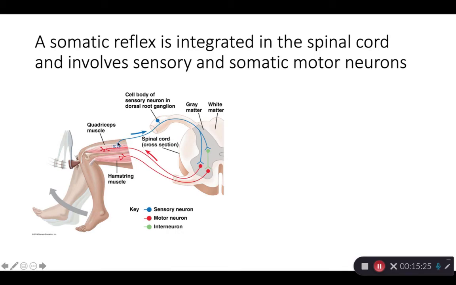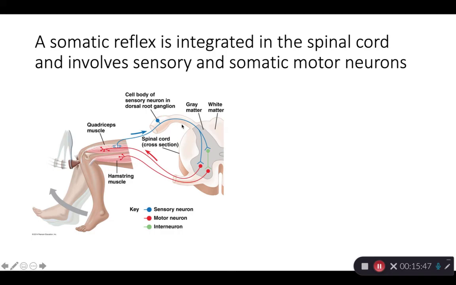It comes through a nerve that has a sensor in the muscle involved. It sends a message saying, hey, somebody just hit us with a hammer. Normally this information about being hit with a hammer would go all the way up to the brain, and eventually it will, right? Eventually you will be aware that the doctor has hit you in the leg with a hammer.